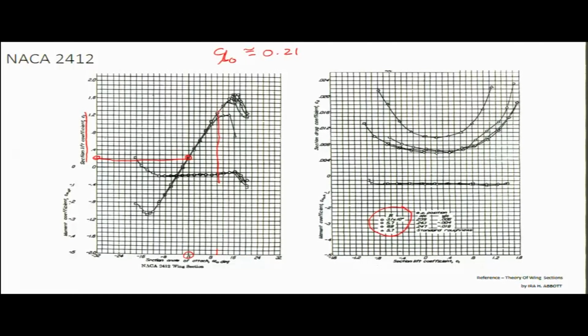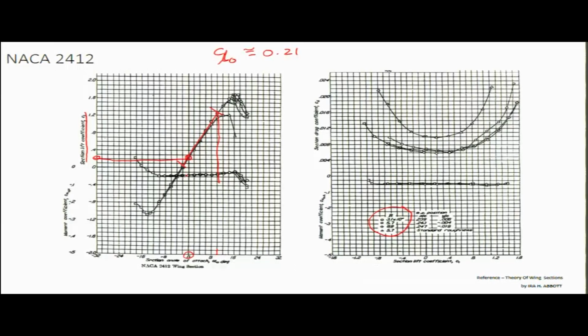Up to 10 degrees angle of attack, this curve looks pretty linear, which you can model as CL equals CL naught plus CL alpha into alpha. So in this particular regime you can consider a linear variation of CL with angle of attack.